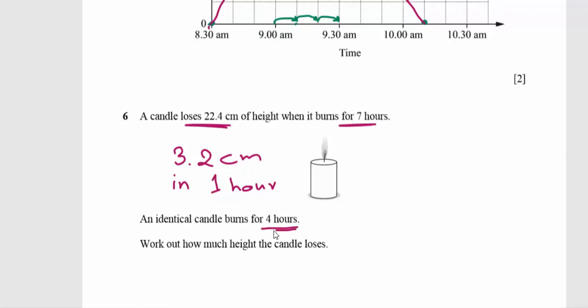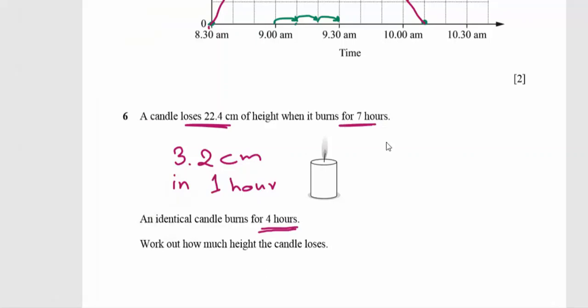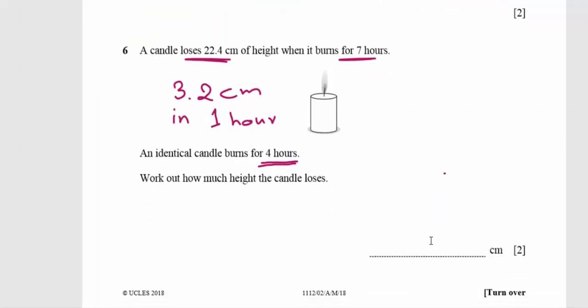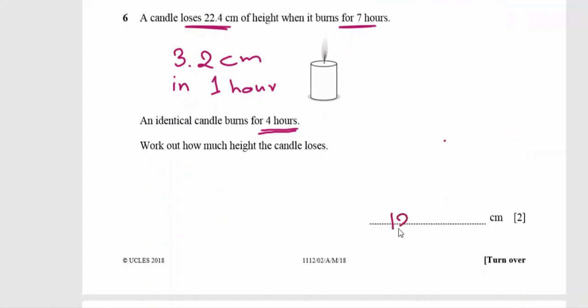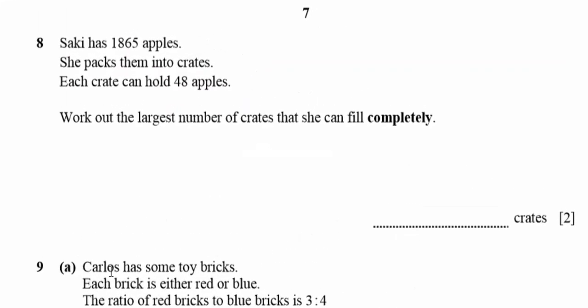The height that has been lost, we're going to multiply 4 by 3.2. 4 times 3.2 is equal to 12.8. Then 12.8 centimeters in 4 hours.